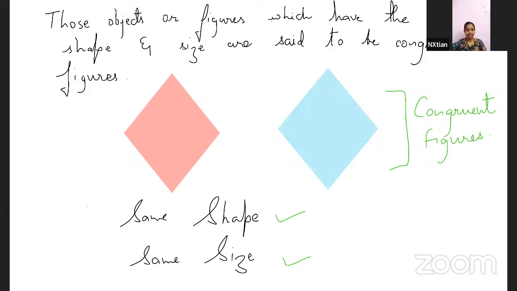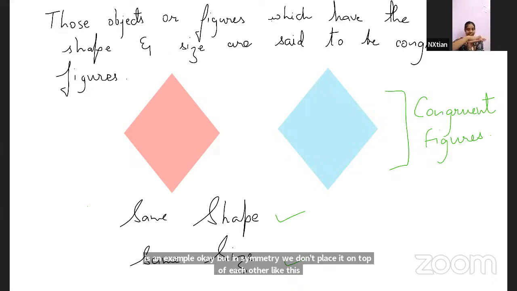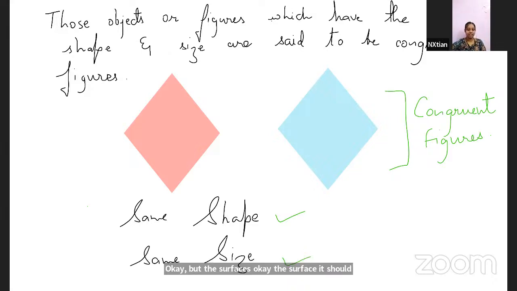Okay, yes, that is an example. But in symmetry, we don't place it on top of each other like this. The surfaces should meet. So when you are placing them for congruency, you place the one surface on the other. But yes, I think both look very similar in shape and size. So yes, it can be congruent.